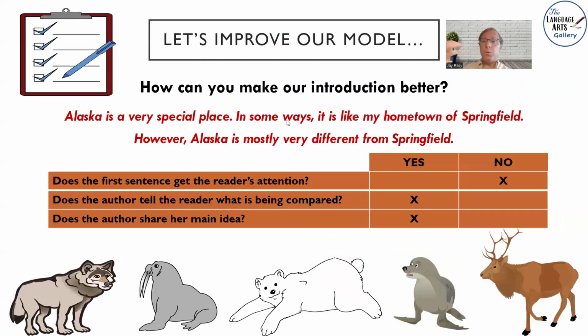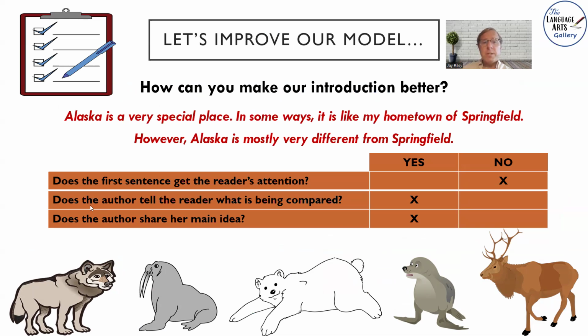So, as you go through the model essays or the first drafts that your students have written, you can use this checklist to have them self-evaluate their writing. Does the first sentence get the reader's attention? We said no. In our model essay, it doesn't.